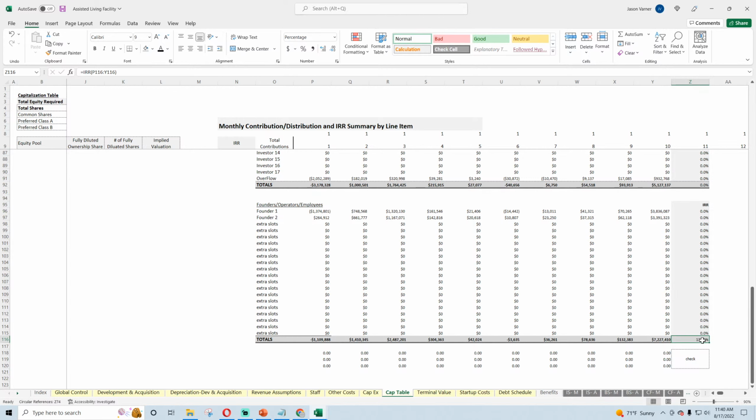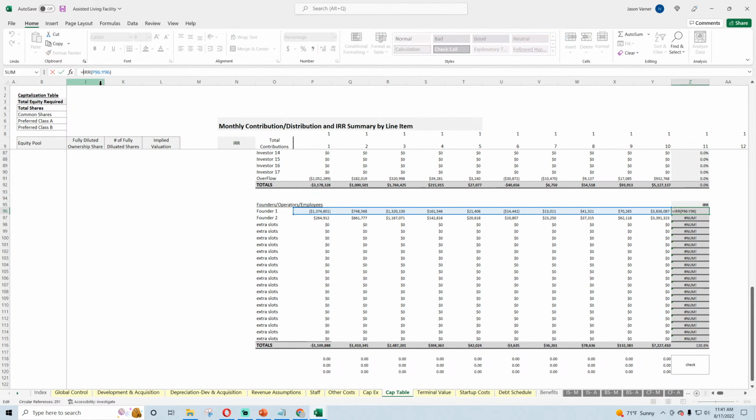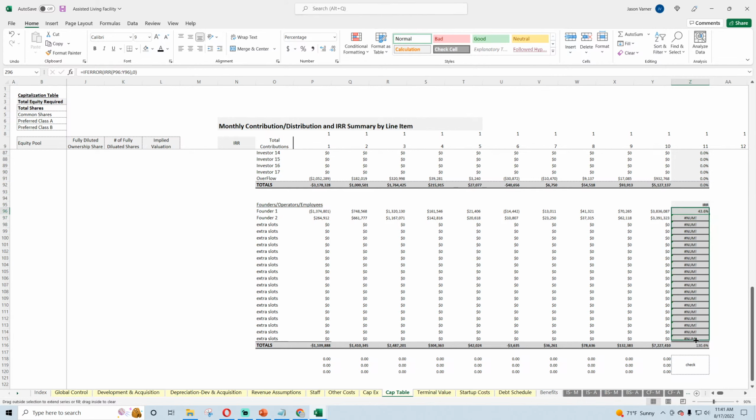I don't know. Well, there you have it. There's no internal rate of return for here because there's actually no negative cash flows on an annual basis. This is one reason why we put everything on a monthly so it's more accurate. But in case you wanted to run the analysis on an annual view, this will allow you to do that.